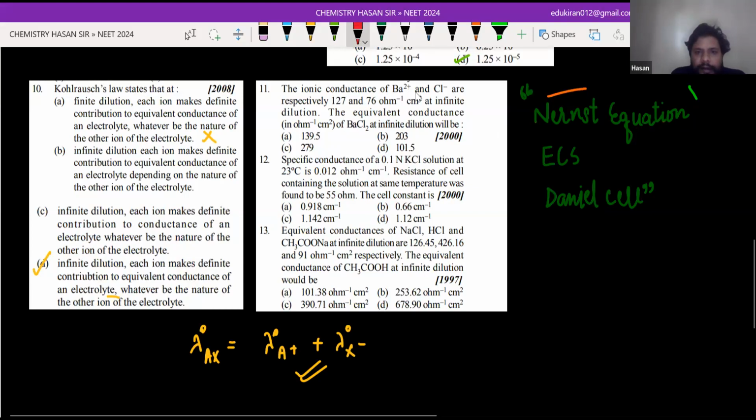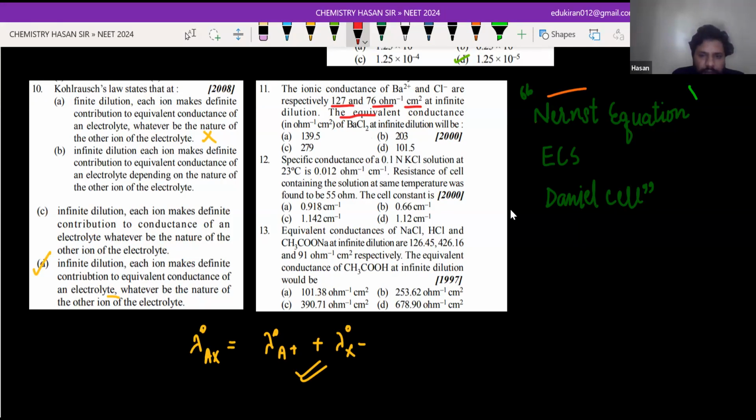The ionic conductance of Ba plus 2 and Cl minus is 127 and 76 ohm per ohm centimeter square at infinite dilution. You need to calculate the equivalent conductance of BaCl2.